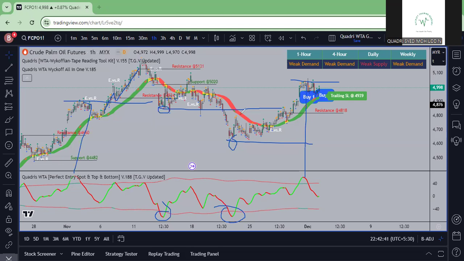It gives us crucial areas where support or resistance is going to take place based on price and volume correlation and supply and demand. Because as per Wyckoff, if price is to go upward, demand has to be greater than supply. If price has to come downward, supply has to be greater than demand.